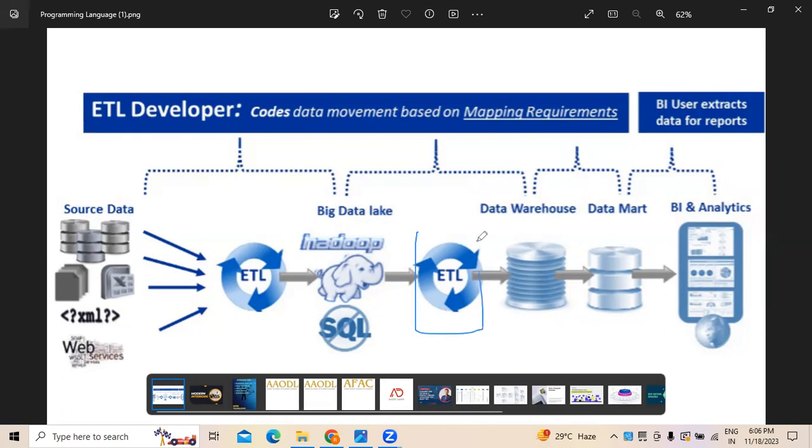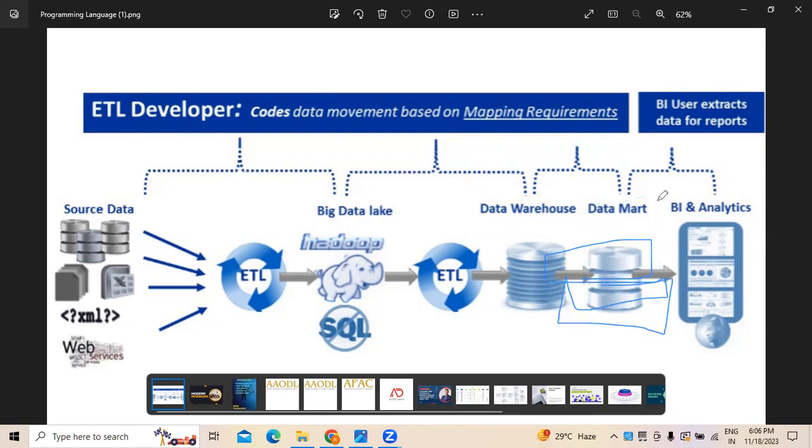Through this ETL process, it will connect to the data warehouses, where a large amount of data is stored, using multiple data warehousing tools. Following this, it will be segregated into different data marts.